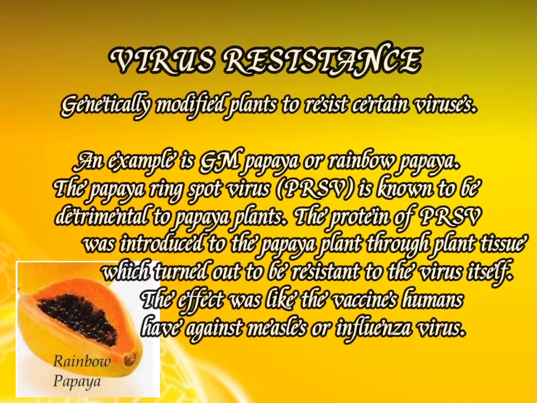The protein of the papaya ring spot virus was introduced to the papaya plant through plant tissue, which turned out to be resistant to the virus itself. The effect was like the vaccines humans have against measles or influenza virus. Meaning, they store certain viruses. It makes plants less susceptible to disease caused by such viruses, resulting in a higher crop yield.